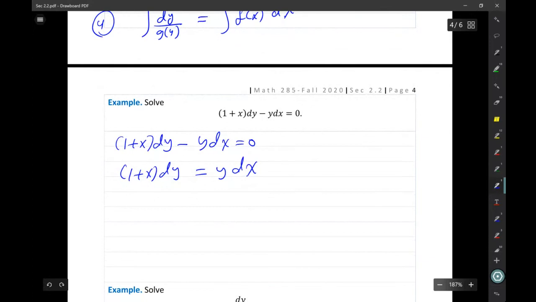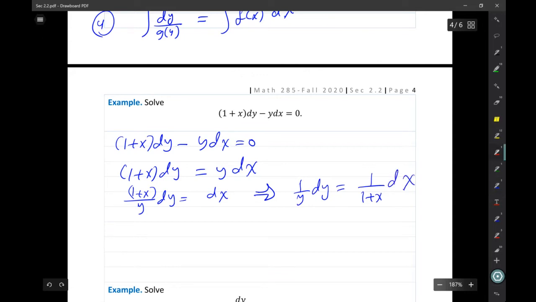But it is not separated yet. Now, what I have to do, divide both sides by y, becomes 1 plus x divided by y, dy is equal dx. Again, now divide both sides by 1 plus x, becomes 1 by y, dy is equal 1 by 1 plus x, dx. Now you separated it.